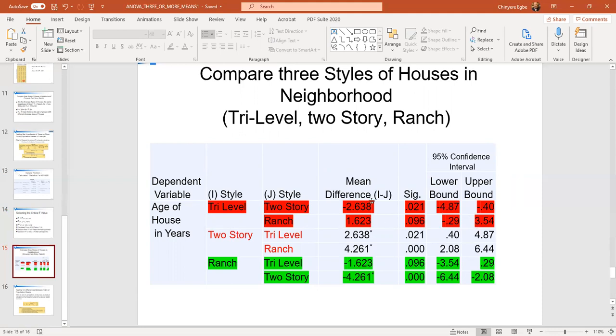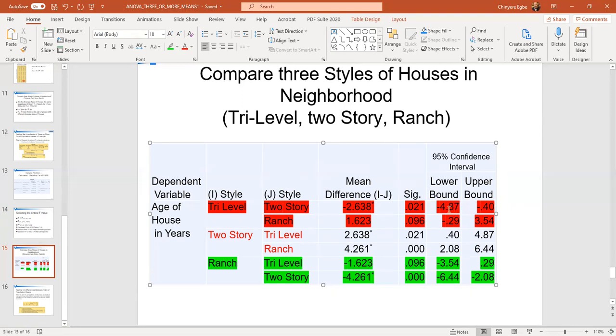If you look here, you can see that when you compare the tri-level to the two-story, the confidence interval of their difference is all negative. Therefore the average ages of tri-level and two-story buildings are not equal.